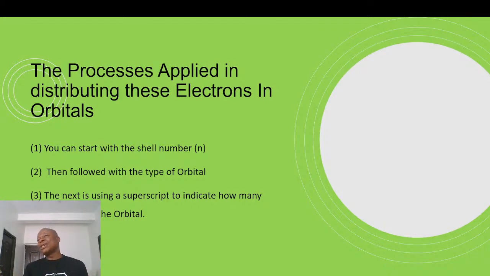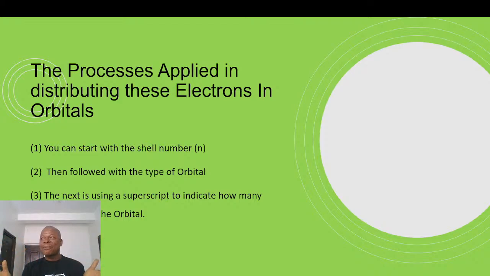If you get an atom and measure the radius from the nucleus, what it takes to cover the distance from the nucleus to the K shell differs from what it takes to cover the distance from the nucleus to the L shell, and also to the M shell. So that is why we put the number of shell.